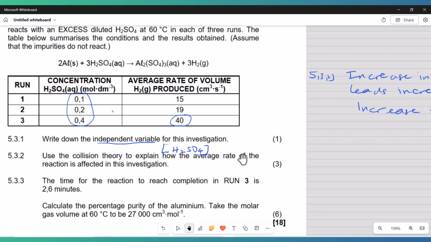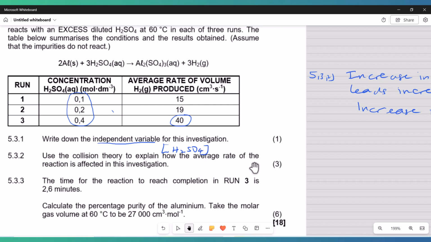I repeat: I'm going to use the rate, which is 40, to find the volume of hydrogen gas. Then from the volume of hydrogen gas, I'm going to find the number of moles. Then from there, I'm going to use the mole ratio to find the moles of pure aluminium which reacted, and hence the mass, and then get my percentage purity.